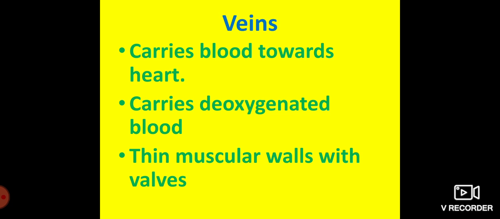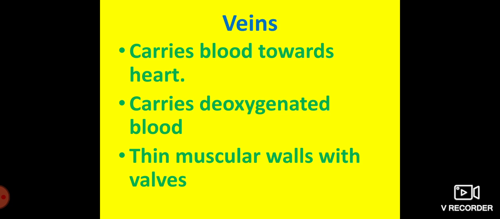Pulmonary vein carries oxygen rich blood. That is the one exceptional case. All the arteries carry pure blood or oxygenated blood except the pulmonary artery, and all the veins carry deoxygenated blood except the pulmonary vein.